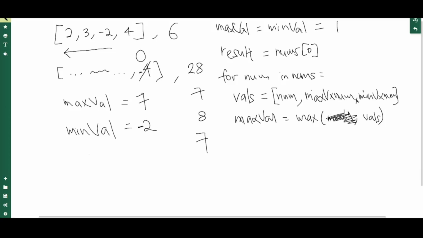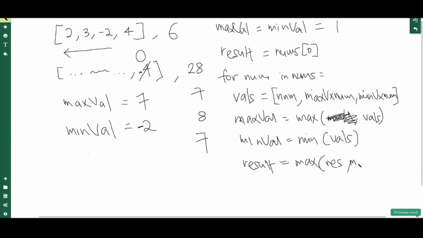So once we have all 3 possibilities, we simply want to take the maximum of them and update it. Similarly, do the same thing for min val, except this time you're taking a min instead. And once we have all this, we want to keep track of the result. So result would be the maximum of our old result and the maximum value here. Finally, we simply return result after the iteration.